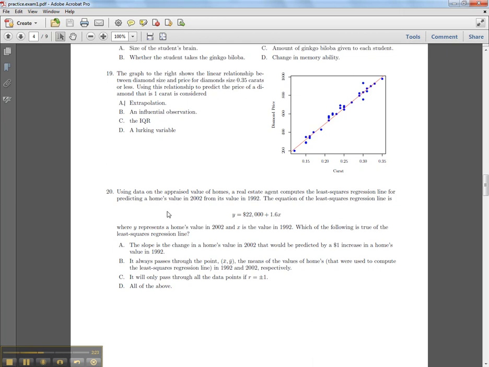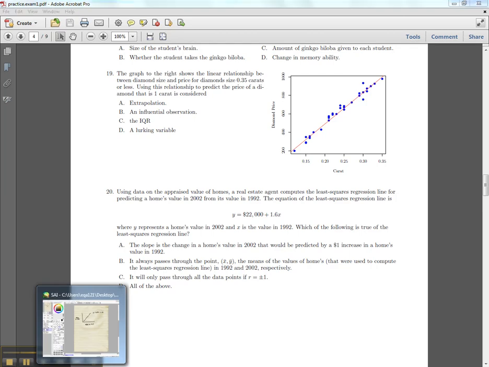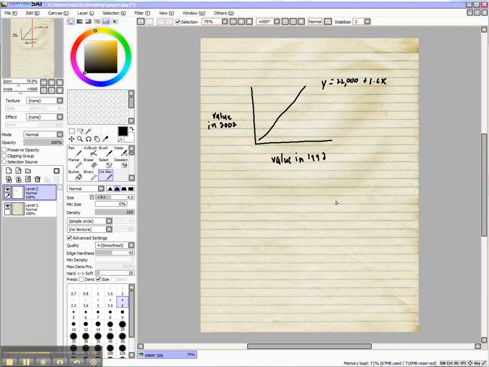And then for 20, it says using data on the appraised value of homes, a real estate agent computes the least squares regression line for predicting a home's value in 2002 from its value in 1992. The equation of the least squares regression line is y equals 22,000 plus 1.6x. All right, let me just illustrate what this least squares regression line is saying. So the value in 1992 is our x, and the value in 2002 is our y. I'm just drawing this so it makes better sense to you.